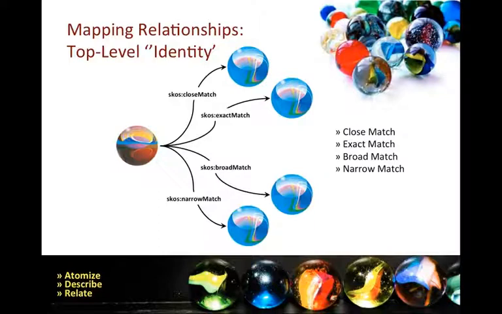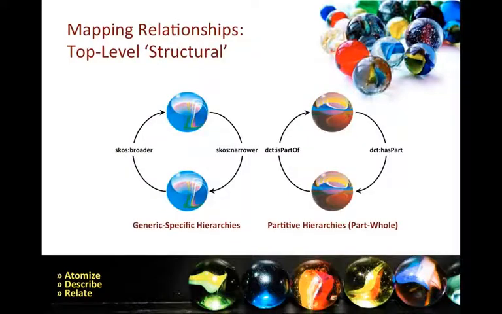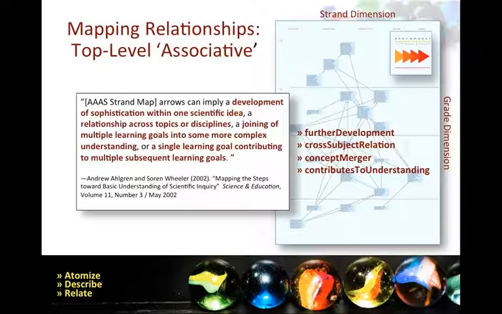So identity denotes how close a match there is between two nodes. Structural relationships, we need to rebuild the hierarchies that things came out of, so we have broader and narrower and is part of. These structural relationships provide the means of putting back together the documents that we decomposed.